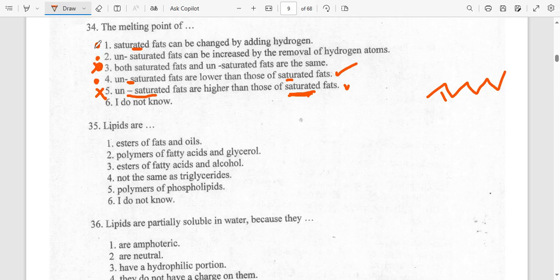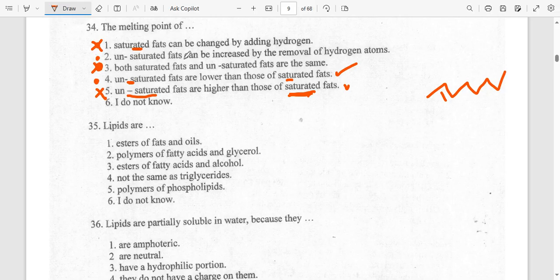So meaning that the first ones on top should also be incorrect. The melting point of saturated fats can be changed by adding hydrogen. So how can you disqualify this one? You can't add a hydrogen to saturated fats. Why? Because they are already reacted fully. You don't have anywhere to add hydrogen. It's saturated. It's enough.